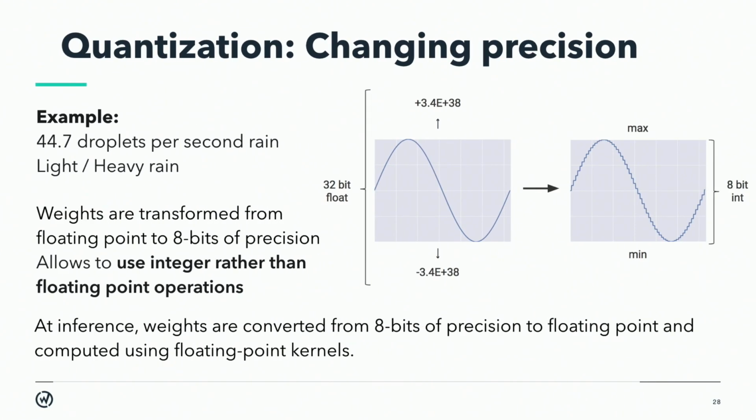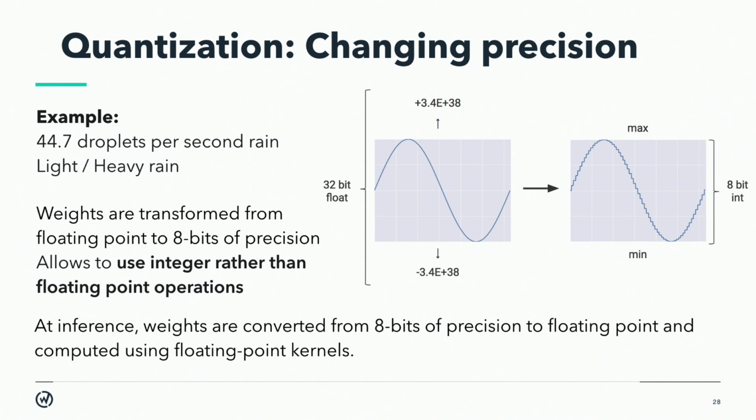So I guess the really big thing here is to make sure that operations are compatible. And one of the techniques being used for optimizing machine learning models for mobile is quantization. Basically, that means we're changing the precision of the weights in a neural network, for example.